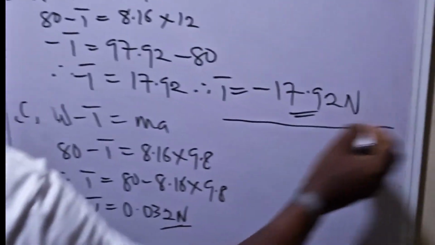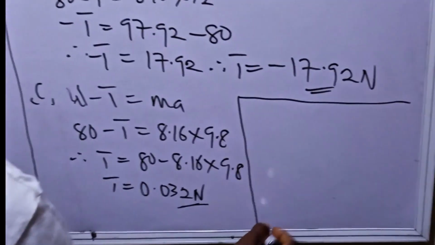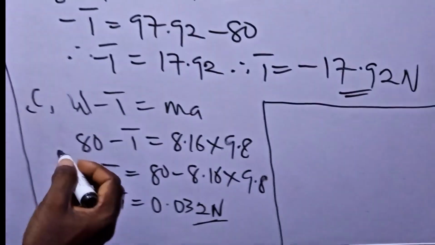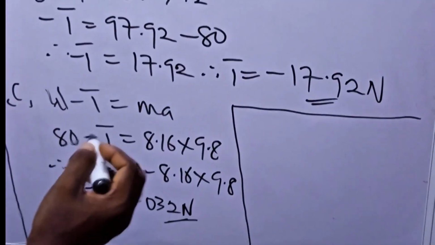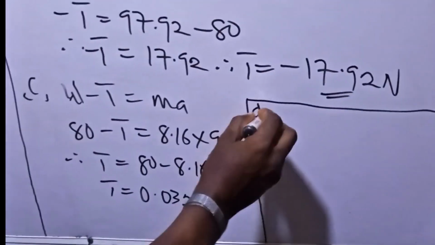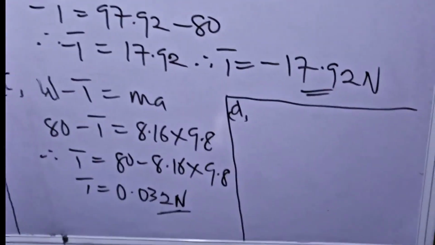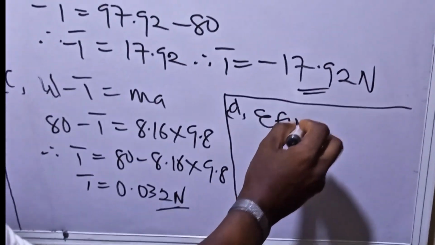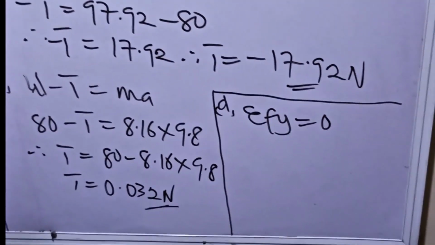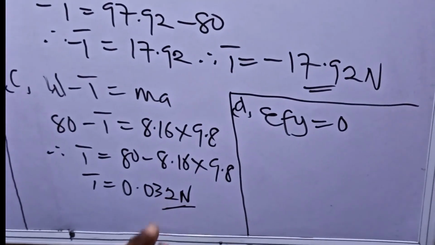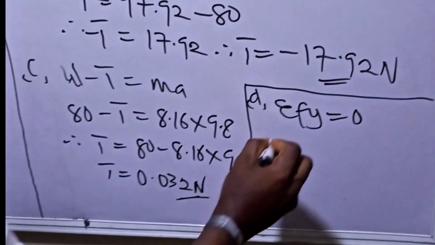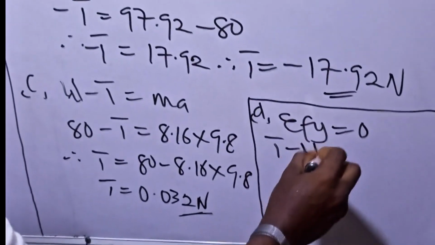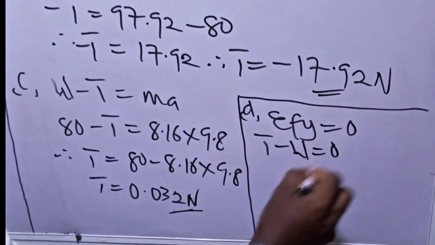Now, the final one, let me make use of part of the board here. Say if the elevator is moving at a uniform speed, that is D. Now, if it's moving at a uniform speed, summation of F of y will be equal to 0, because acceleration will be 0. Therefore, tension minus weight equals 0.